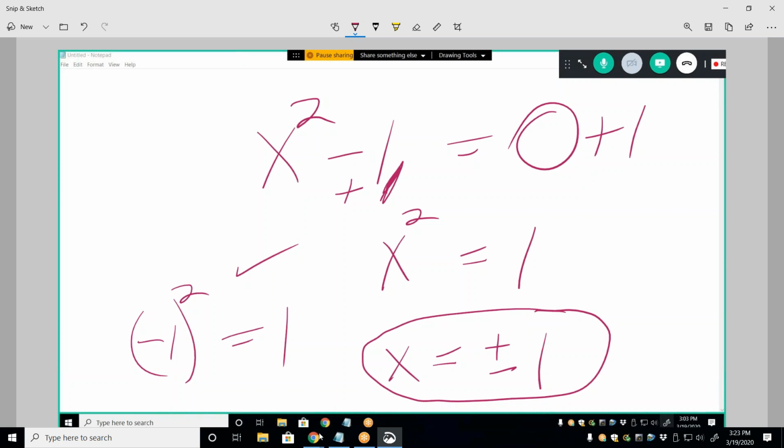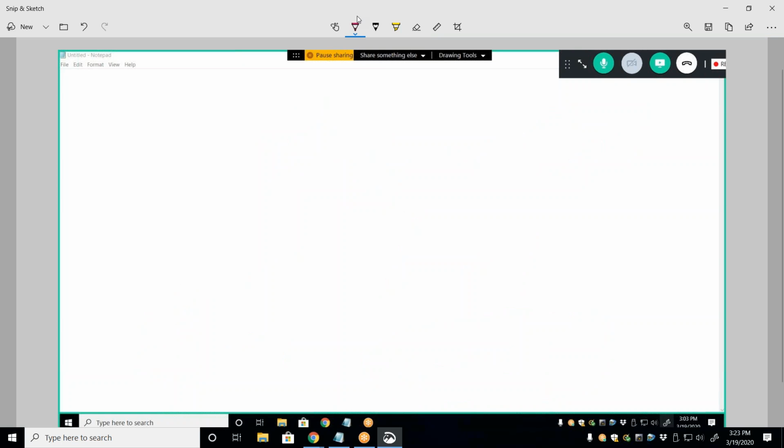Now, how much factoring have you had? Do you know how to factor greatest common factor? Yes. Good. We got a lot of work to do. Before we get there, I want to talk about equations with two variables.